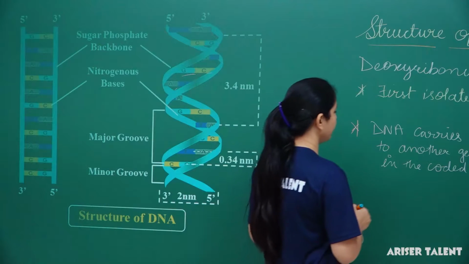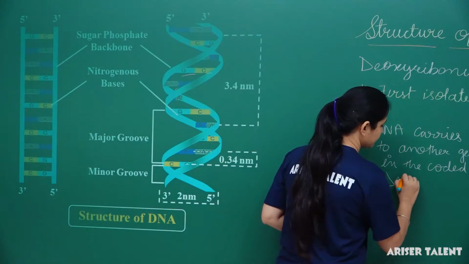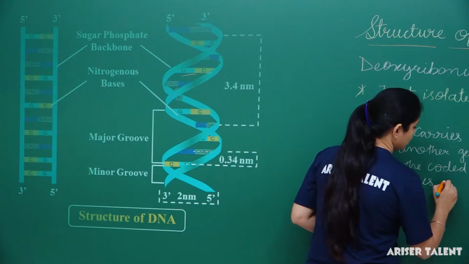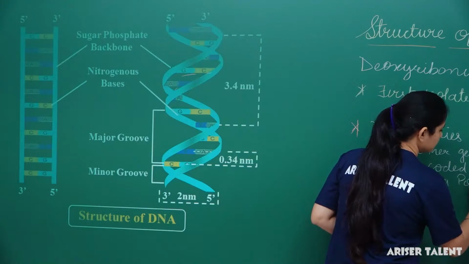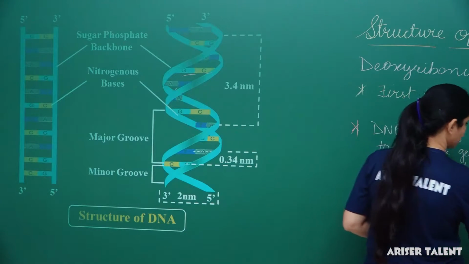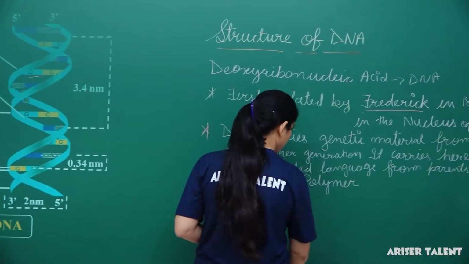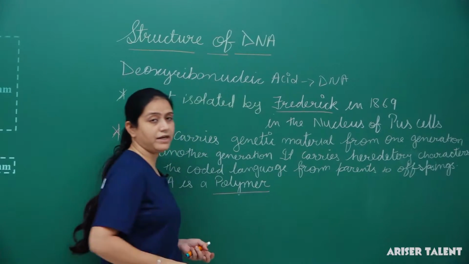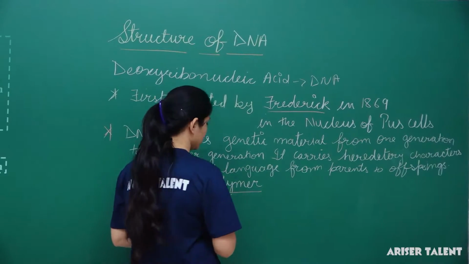Now let me define here. DNA is a polymer. Okay. DNA is a polymer because it is made up of many nucleotide units. Okay.